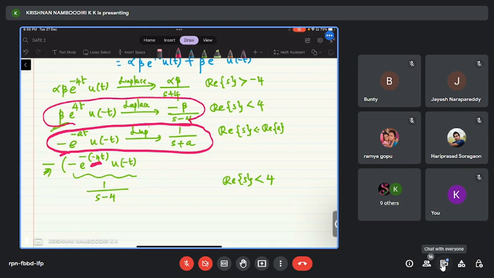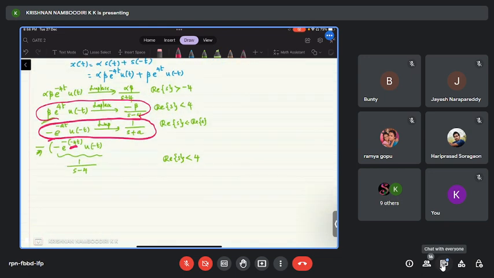Let us see. Anyway, so now the total Laplace transform is the sum, this is linear, okay? So you can add the Laplace transforms. Basically the integral, you can split it into two, right? So X of s equals alpha beta divided by s plus 4 minus beta divided by s minus 4. Okay, and what is the overall ROC?